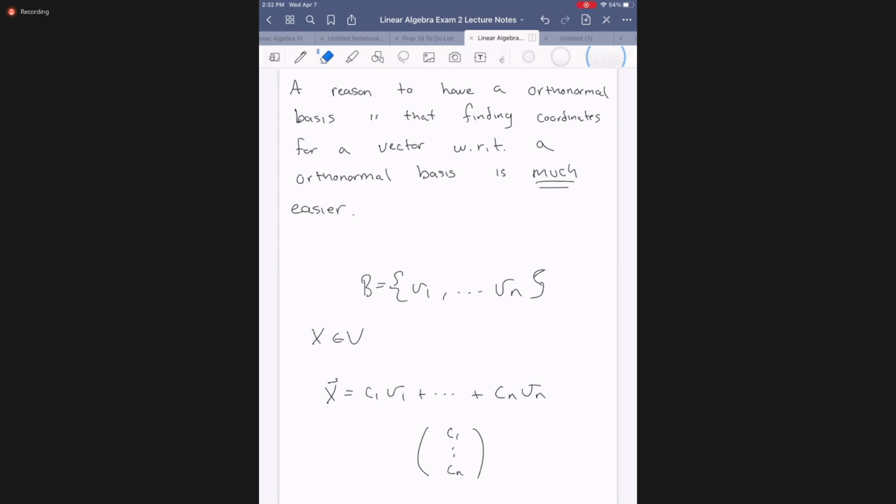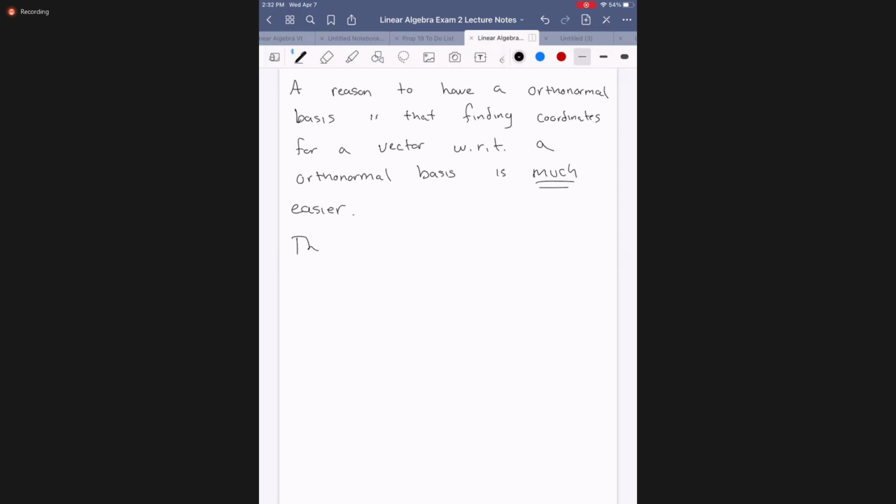And it's thanks to this theorem that I'm about to state. Theorem 5.3.3. This is coordinates relative to an orthonormal basis.